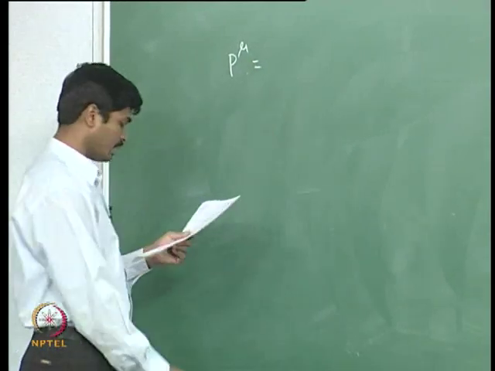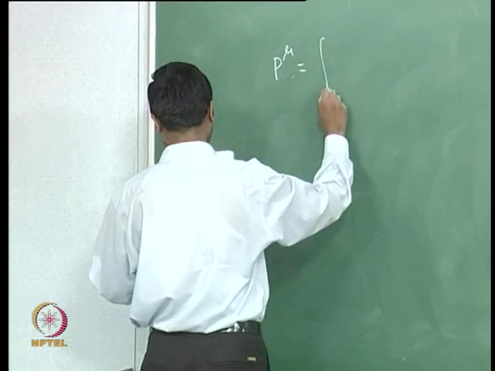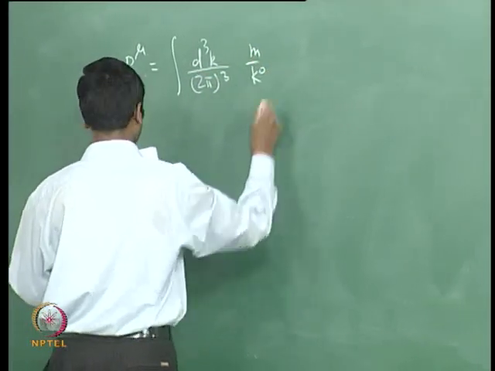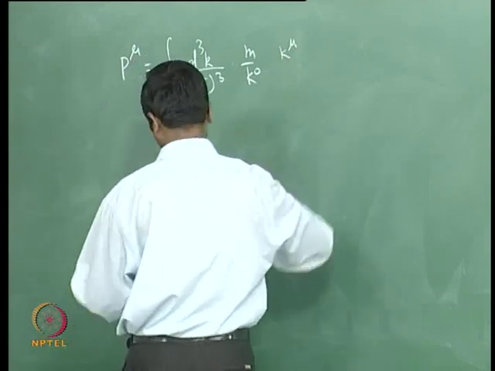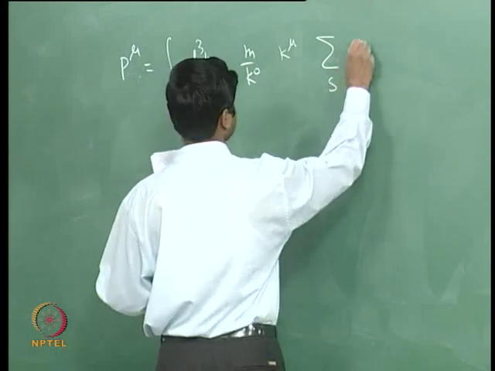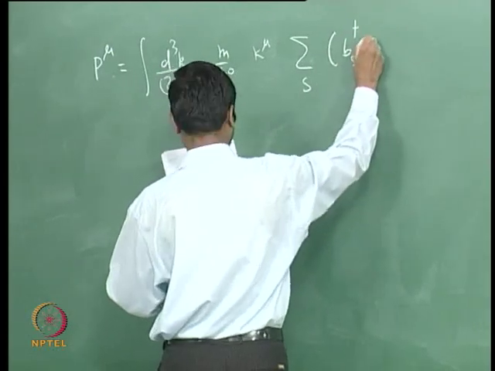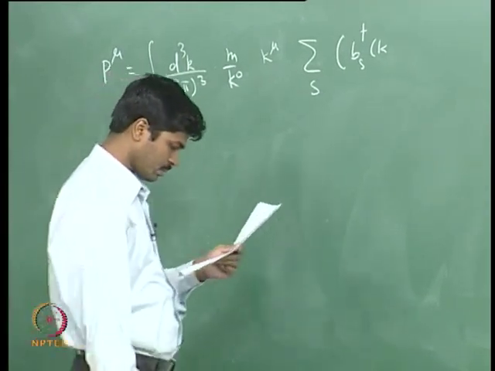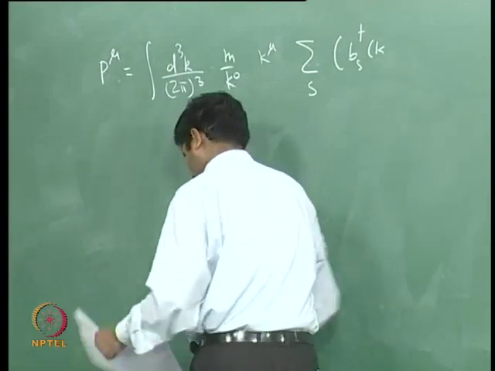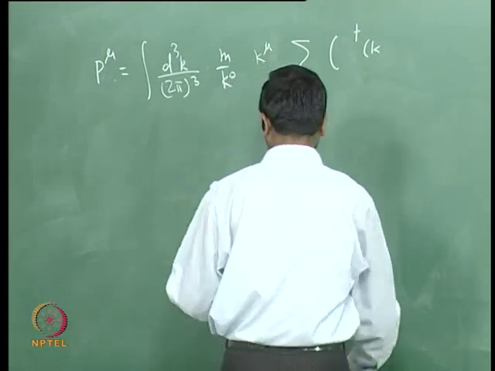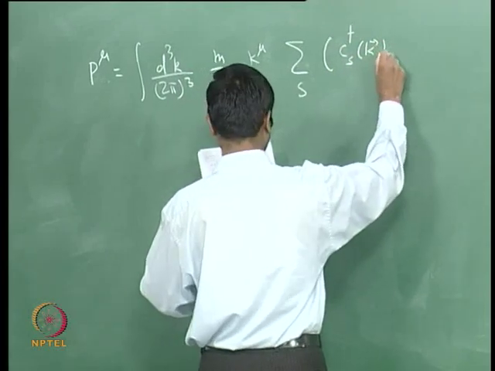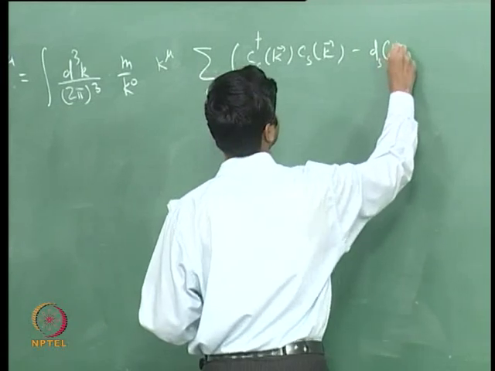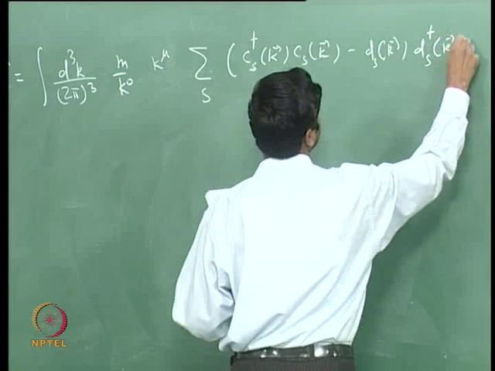What I claim is the total energy momentum has the expression which is given by the integral of d cube k over 2 pi cube, m over k 0, k mu, sum over s, b_s dagger of k b_s of k, plus C_s dagger of k C_s of k, minus d_s of k d_s dagger of k.